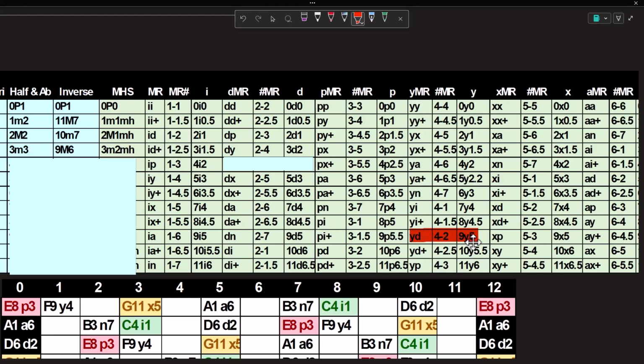But I could also say, well, 7 minus 5 would be 2 modal half steps backwards, 1, 2. Or 12 minus 9 would be negative 3 backwards. So this modal range could also allow us to have a term that has distance, again, going forwards and backwards. We'll talk about the backwards name later.